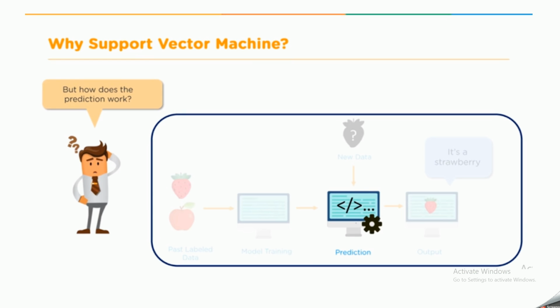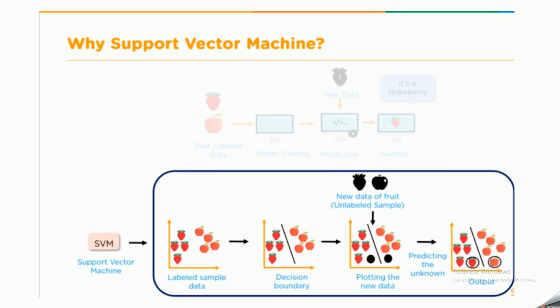But how does this prediction work? We have seen it classifies into a strawberry or an apple, but what happens within this, we will see. So for support vector machine, this is your labeled sample, and your labeled sample data includes your strawberry and your apple.